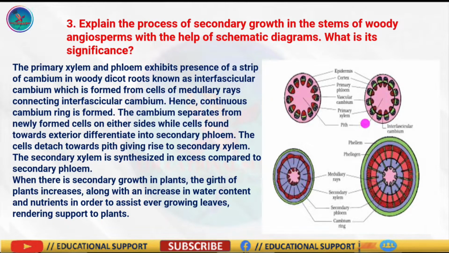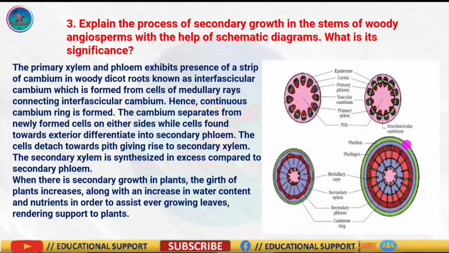The ray initials of the vascular cambium ring divide by tangential divisions and add new cells. These new cells produced on both sides of the ray initials remain meristematic for some time and then differentiate into parenchyma cells of rays. You know that.